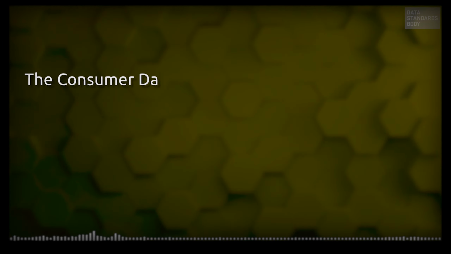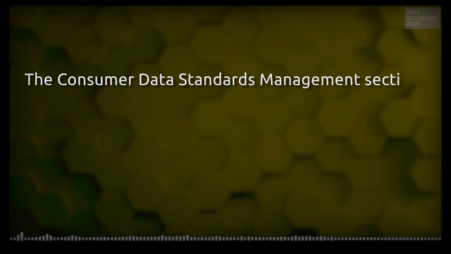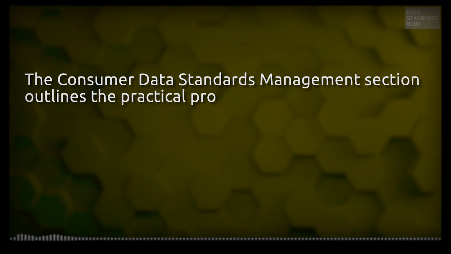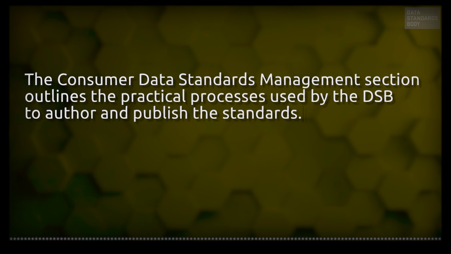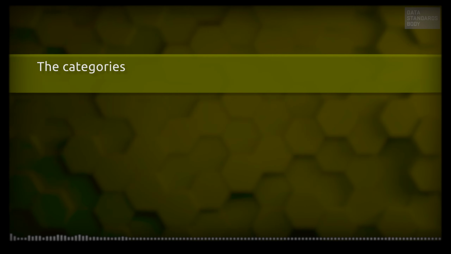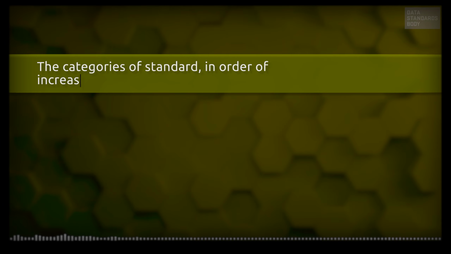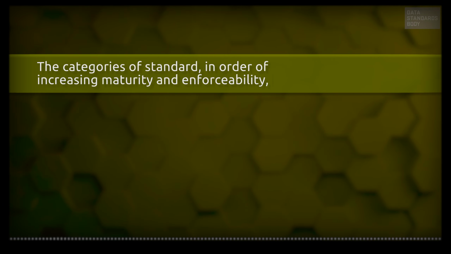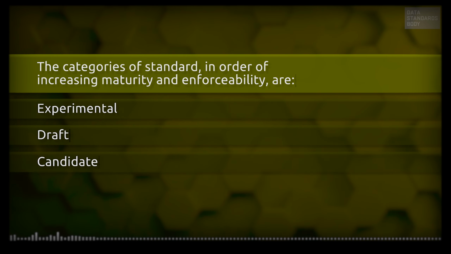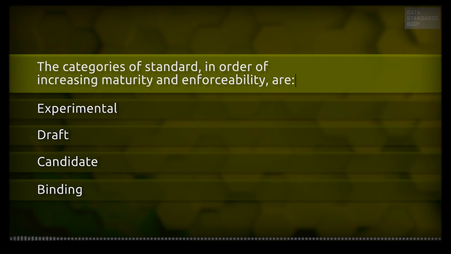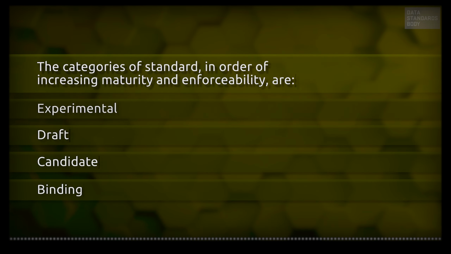The Consumer Data Standards Management section outlines the practical processes used by the DSB to author and publish the standards. The categories of standard in order of increasing maturity and enforceability are experimental, draft, candidate, binding.